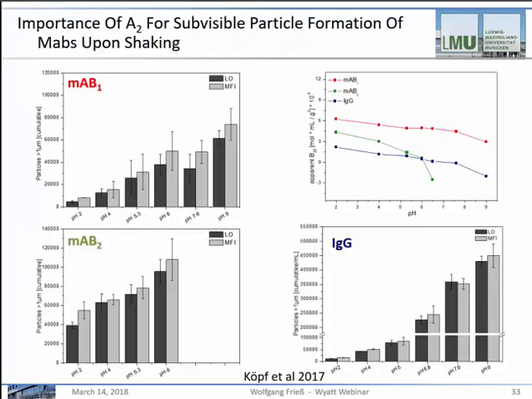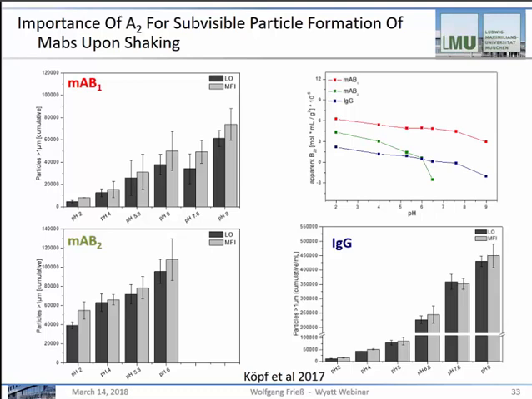When we look at the mAb and shake the mAb, we see that with increasing pH from pH 2 to 9 for mAb 1, we get a stronger particle formation. When we look at the right-hand side of the right red graph, we see that the KD value of this mAb is overall positive and decreases with increasing pH.